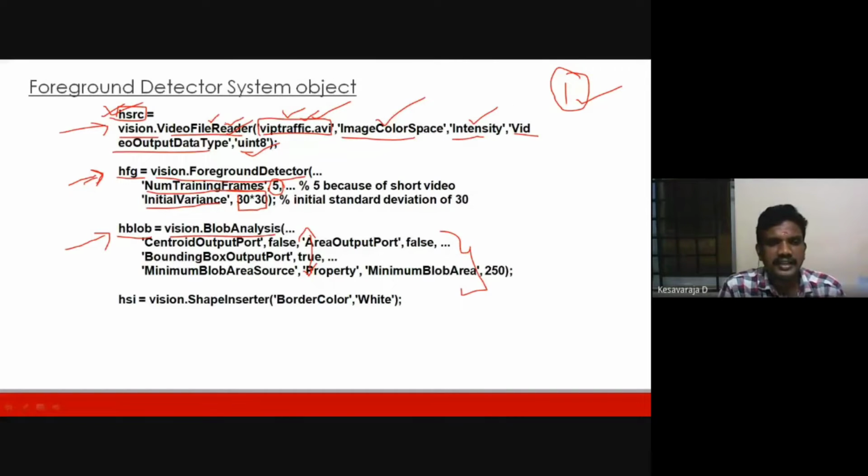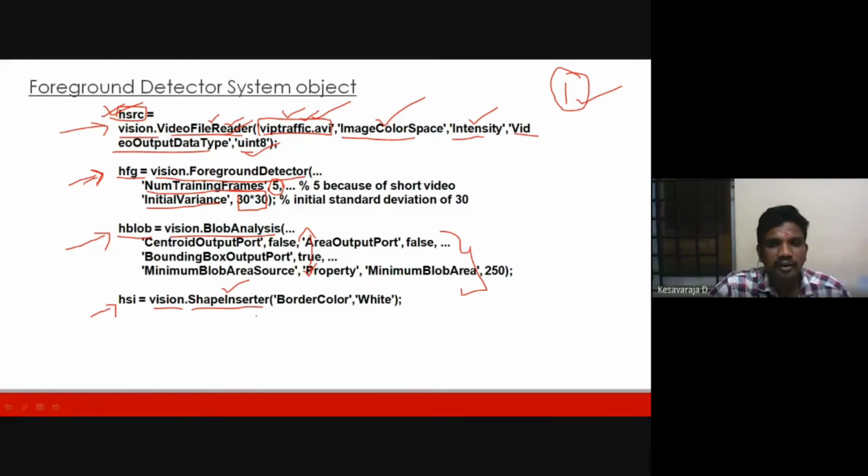So I am creating 3 handlers: first one for source, second one for foreground detection based on number of training frames and variance, third one for blob for boundary boxes. The last one is called the shape inserter, vision.ShapeInserter, which will insert the shape.